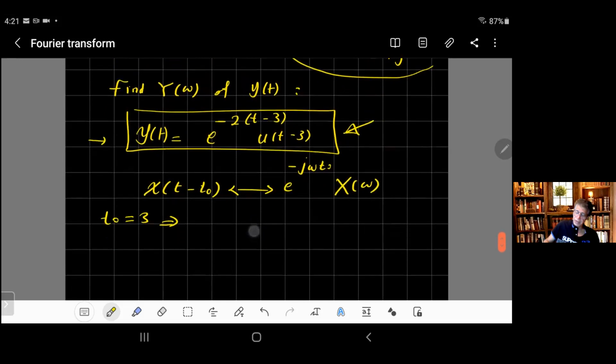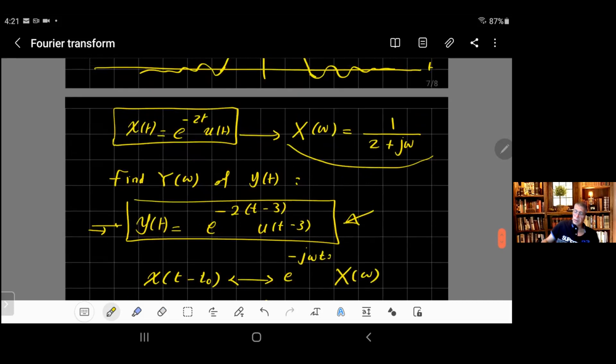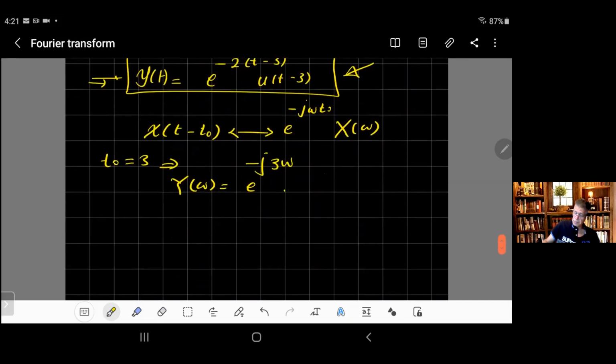Accordingly, we can now find the new function: Y of omega will be equal to e to the minus j omega t naught, where t naught is equal to 3, so it'll be e to the minus j 3 omega, times X of omega, which is given as 1 over 2 plus j omega.